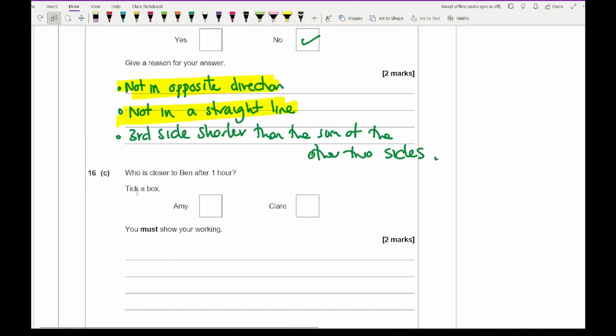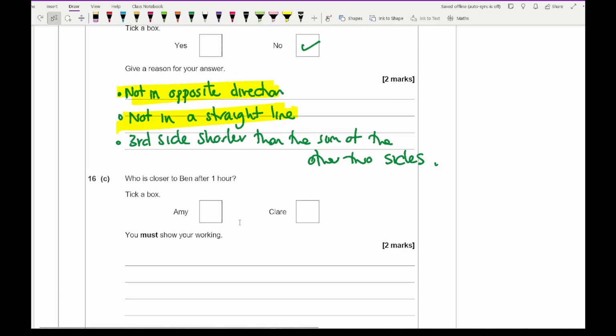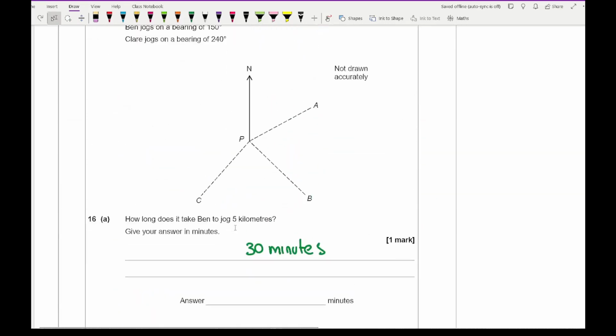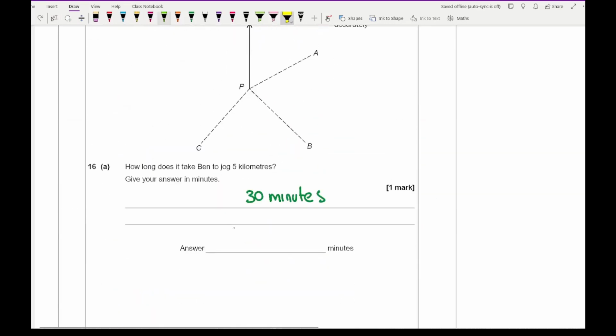For 16c, it then says who is closer to Ben after 1 hour. So if we go back to the diagram, we know that all of them have travelled 10 kilometers. So the lengths of each of those lines are 10. Now the next thing we need to do is actually assess the angles. Now this angle we know is 55 degrees.